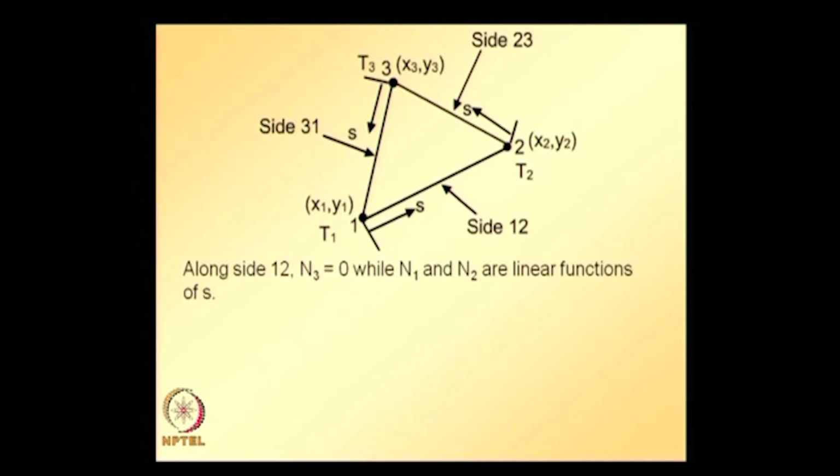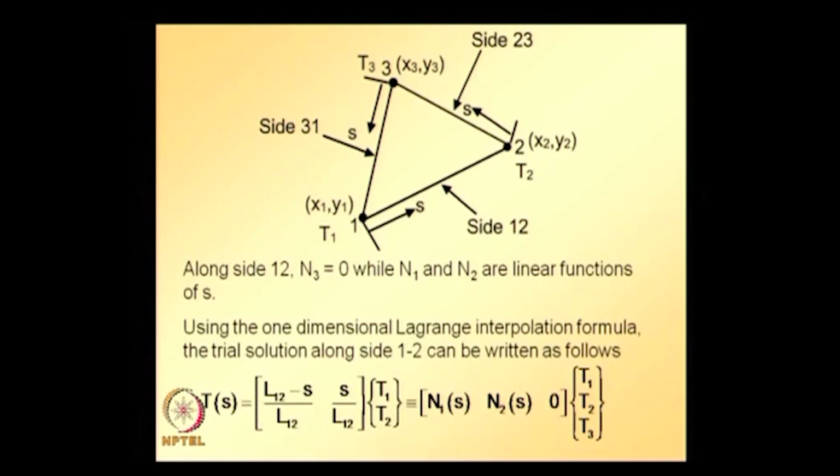We can use Lagrange interpolation formula that we already learned for one dimensional. When we are looking at one dimensional elements, we already looked at Lagrange interpolation formula for 2 node linear element. We can use that.